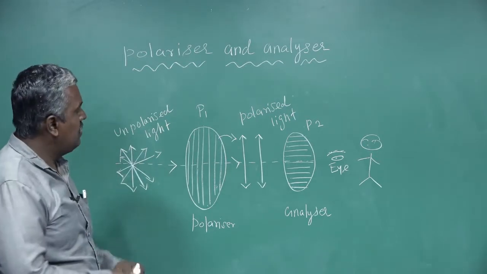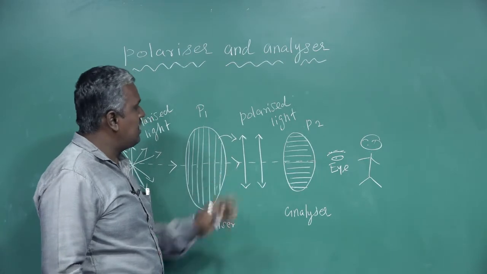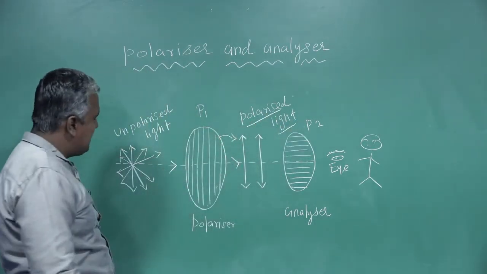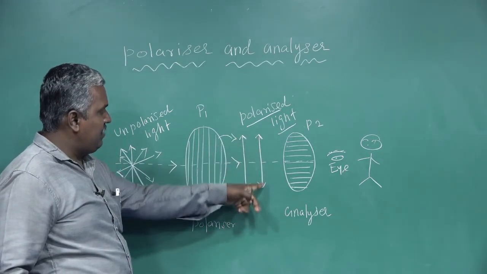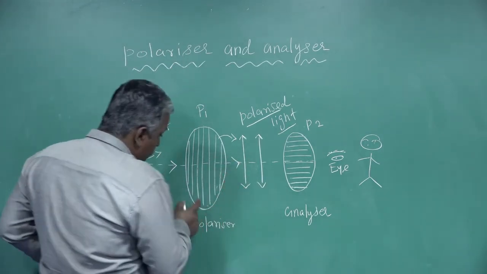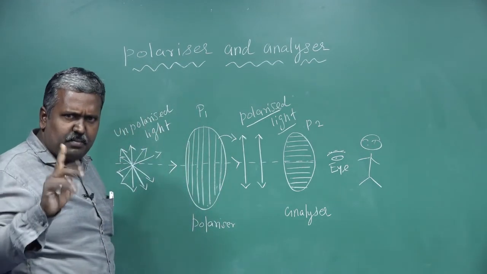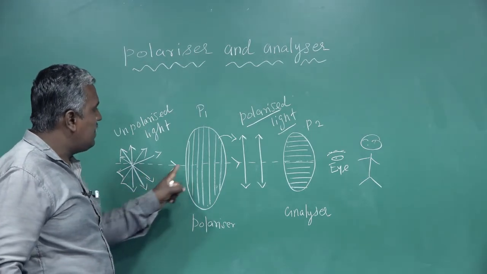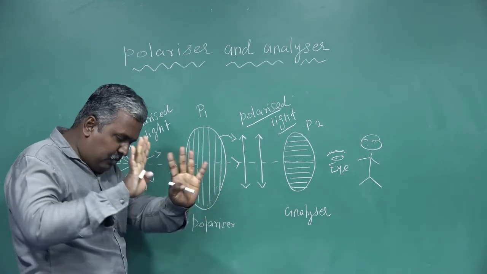So the light coming out from P1 is called polarized light. Now P1 is called a polarizer, because unpolarized light is converted into polarized light by P1.